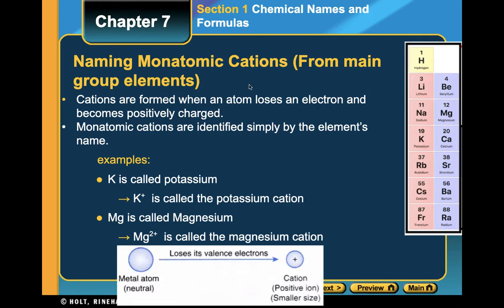Really, nothing changes about the name of an atom when it turns into a cation. And you know that this is happening mainly in the first 2 groups of the periodic table. This is why we're talking about main group elements. Just remember that the transition metals have their own weird set of rules, and we're going to get more into that in a couple of days.